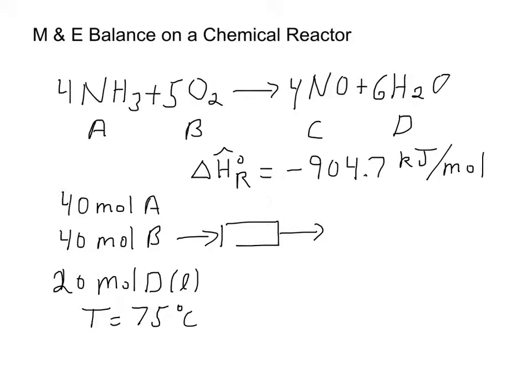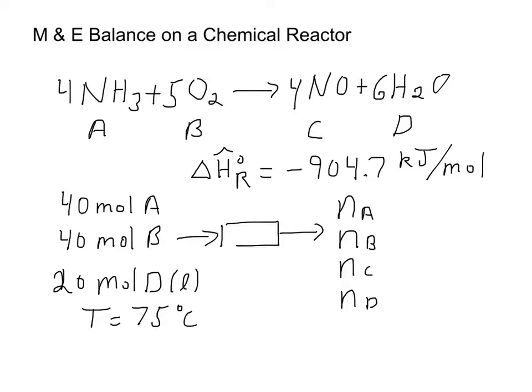Now, we don't know how much is coming out, so we'll symbolize any unreacted A and B as Na and Nb moles, and product Nc and Nd, the nitric oxide and water. These will all be in the gas phase, it's gas phase unless otherwise indicated.